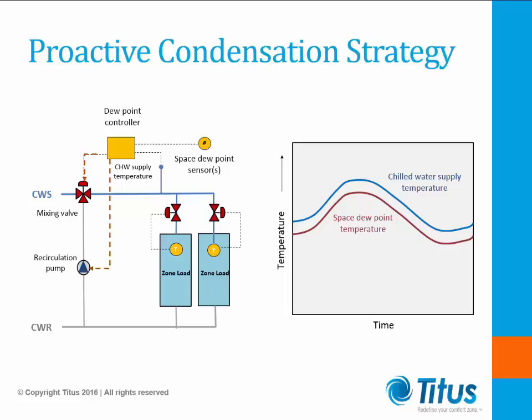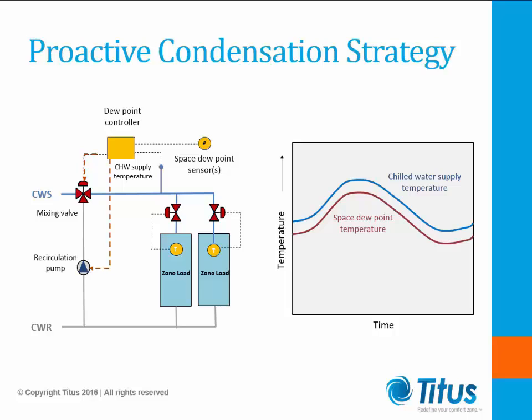As the space dew point temperature increases, you'll see a slight lag, and then the chilled water supply temperature is increased, so that you're never supplying water to the space that's below the space dew point temperature. At no point in time would you ever see condensation with this system.